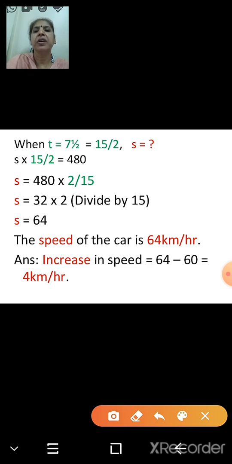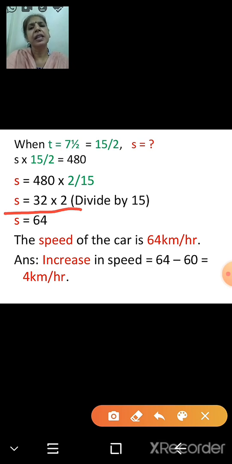Now 480 multiplied by 2, upon 15. So 480 divided by 15. You can do direct division or reduce it. Here I have taken direct division. We know that 15 2s are 30, 15 3s are 45, so it is 3, and 48 minus 45, you can do the direct calculation.